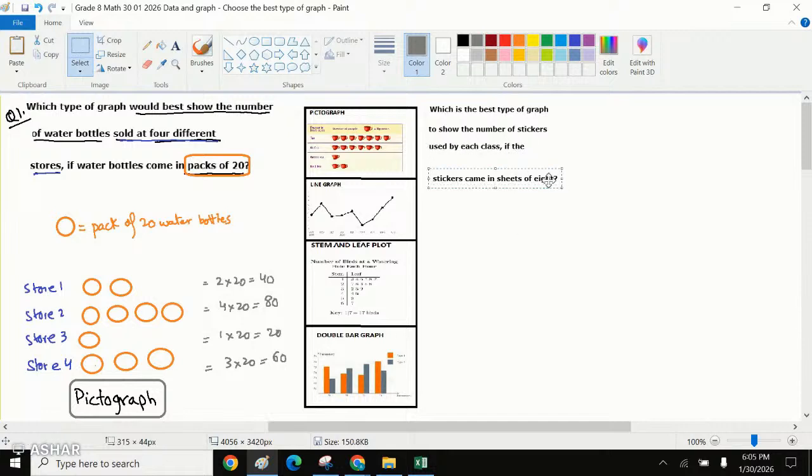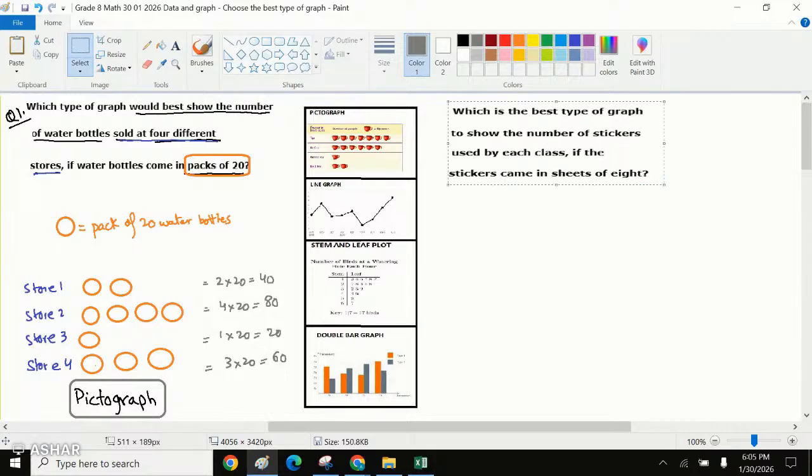The question number 2 says that which is the best type of graph that can be used to show the number of stickers used by each class. That means there are multiple class levels, right? More information we can see is the stickers come in sheets of 8. That means one sheet will have 8 stickers on it, right? That means they are grouped, right?